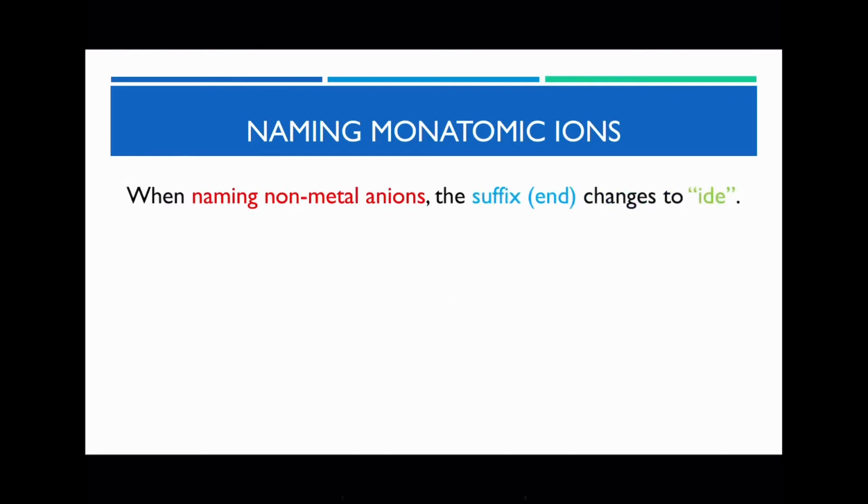In contrast, when we're naming non-metal anions, which are charged particles with a negative charge, the suffix, meaning the end of the actual name, will change to the word "ide." This is one example that we covered before. Fluorine, remember, has 7 valence electrons. It wants to have a complete outer shell, so it will gain 1 electron.